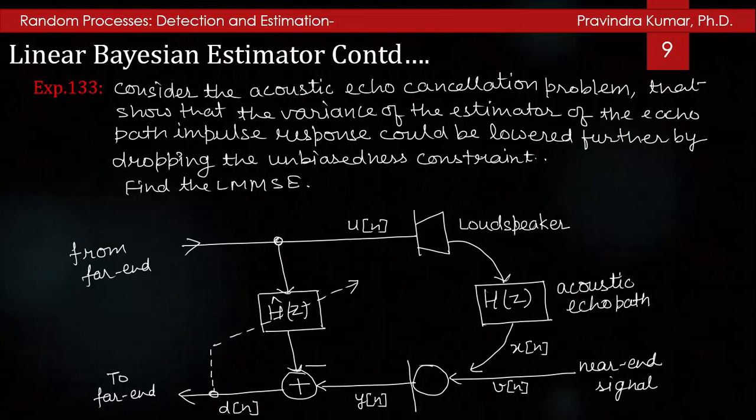Now consider another example. Consider the acoustic echo cancellation problem. The purpose is to show that the variance of the estimator of the echo path impulse response could be lowered further by dropping the unbiasedness constraint. The signal flow diagram is shown in this figure, and then we find the LMMSE.